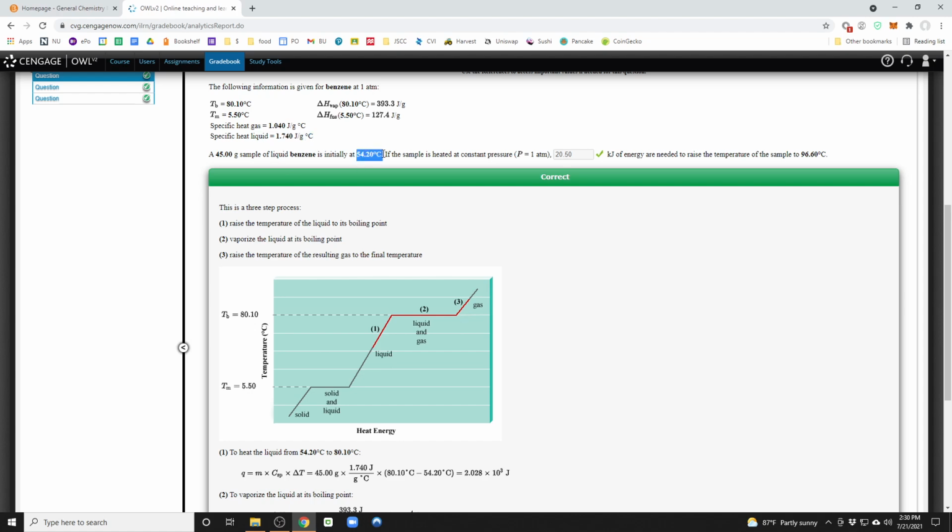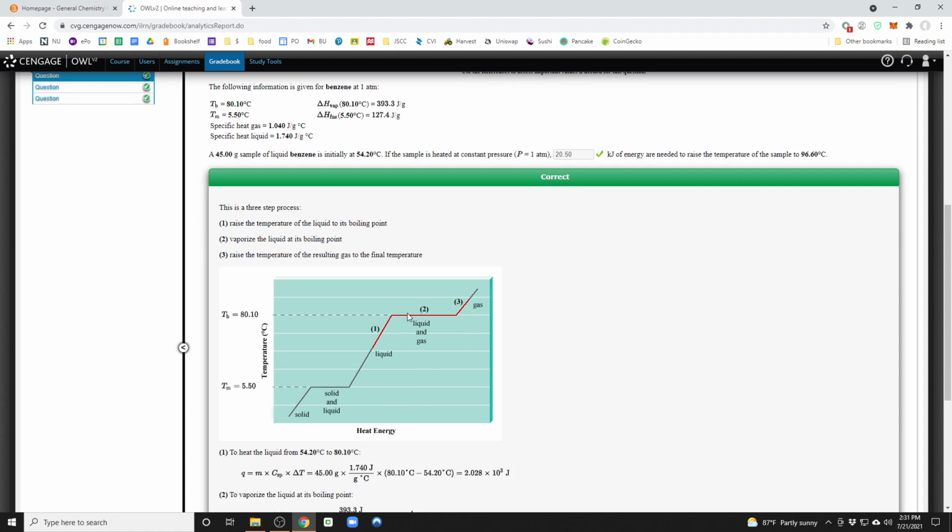It'll be going from your initial temperature here up to your boiling point here. Remember that anytime you do a change of, it's going to be final minus initial. And so you'll do 80.1 minus 54.2. That will give you your change in temperature. And I'll show you that again in type down here.